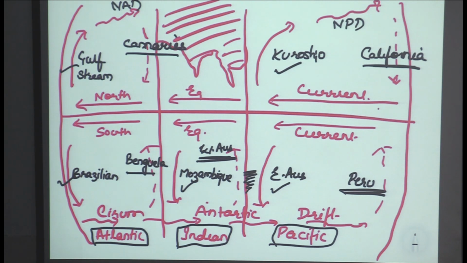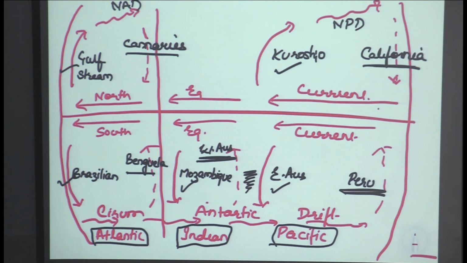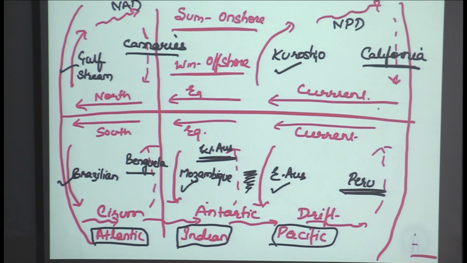So Gyre circulation is a closed current system. Why is it so that the Northern Indian Ocean basin doesn't have Gyre circulation? Because during summers wind is onshore and during winters wind is offshore. So unless I have got consistent movement of wind, will this piling up be made possible?